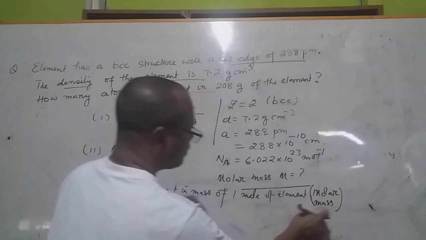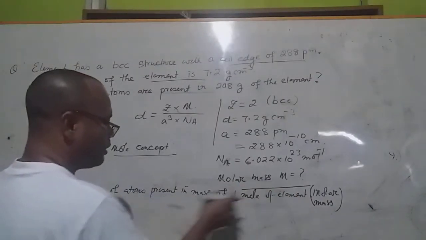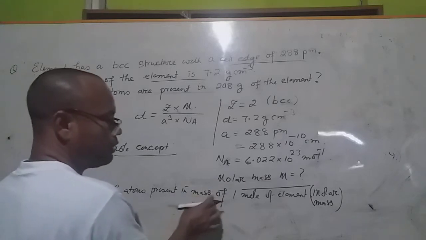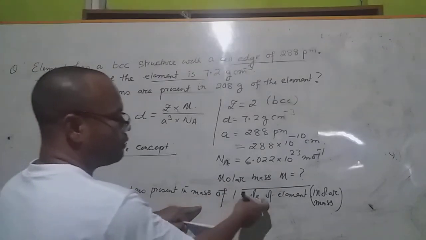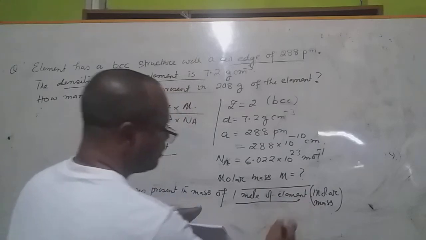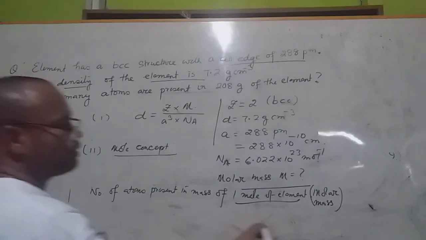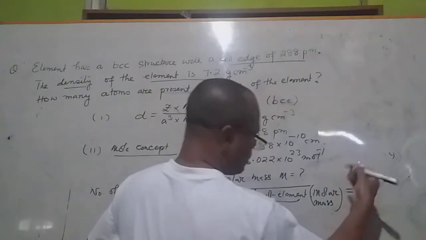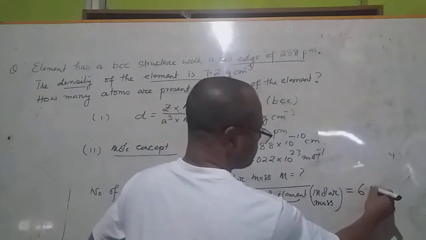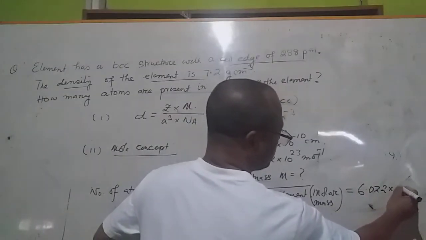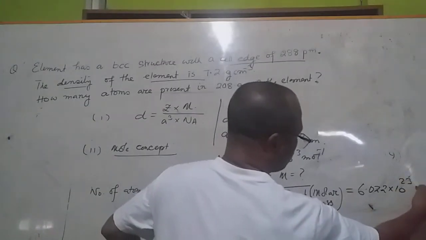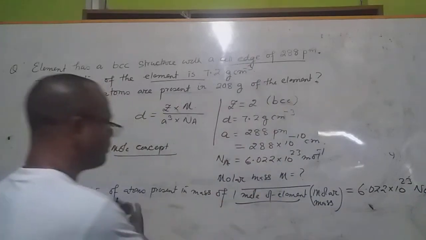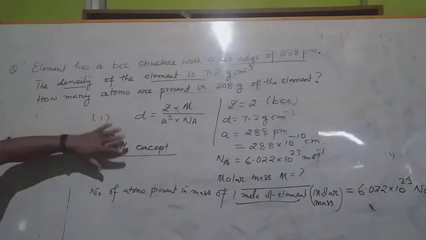Mole is a number. How many numbers is represented here? That is 6.022 into 10 to the power 23 numbers. So the number of atoms, this is from the mole concept.